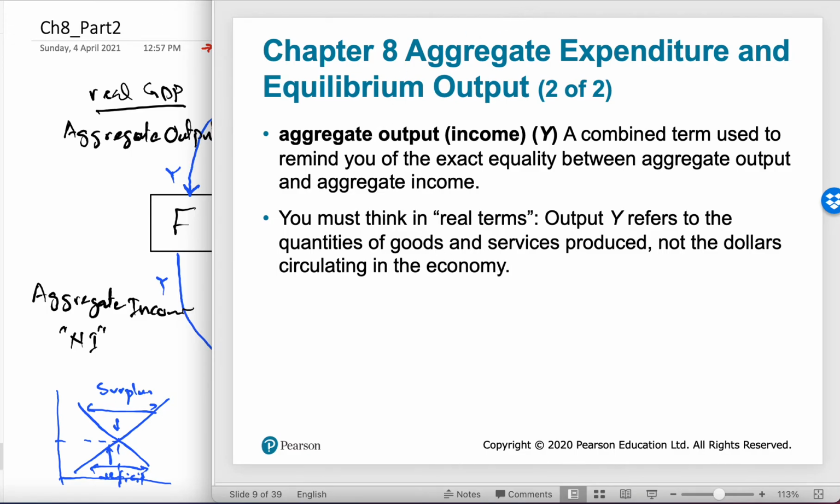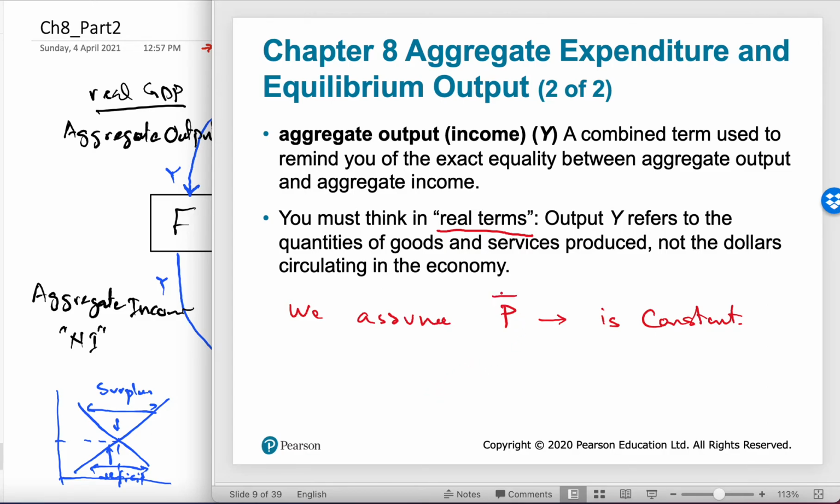And make no mistake that this is the real GDP in real terms. We are not assuming that the price level is increasing or decreasing, so we have inflation or deflation. As I told you before, we are assuming that everything else remains the same. So what we assume is that P, or CPI, is constant. So that is a presumption.